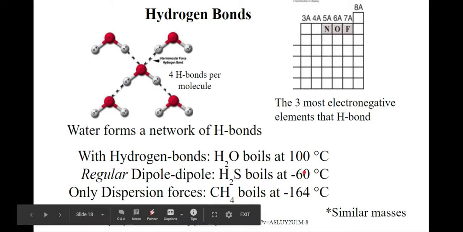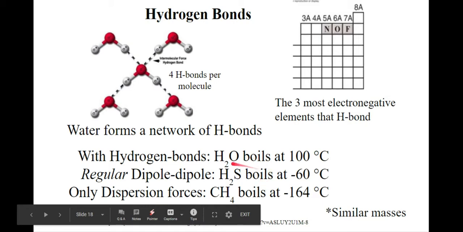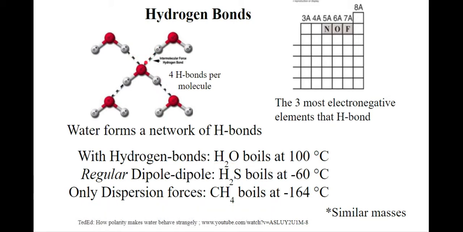So all of these have similar masses, similar numbers of electrons, but it's the hydrogen bonding, and you can even see up here, each water can make four. So it can form this vast network of hydrogen bonding, which is what holds it so strongly together.